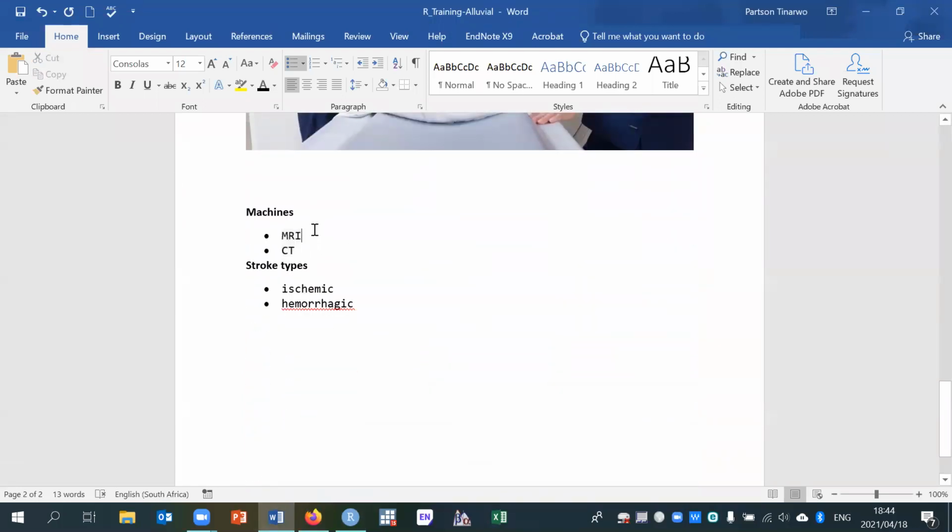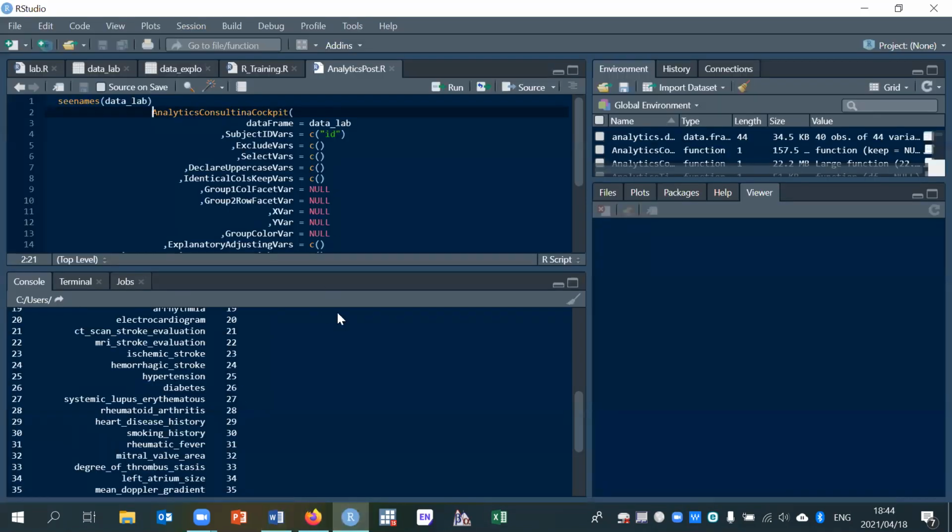I would like to see how we performed in comparing CT scan and MRI scan results, and also how we eventually are able to have patients with ischemic and hemorrhagic strokes. So in this situation, let's quickly show how we normally do it in a simple 2 by 2 cross tabulation.